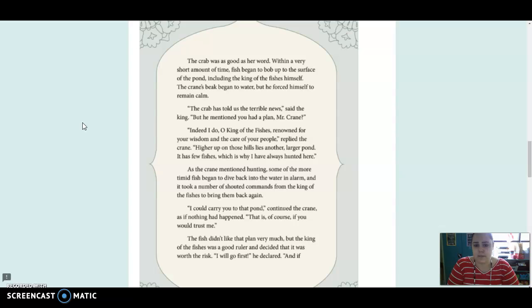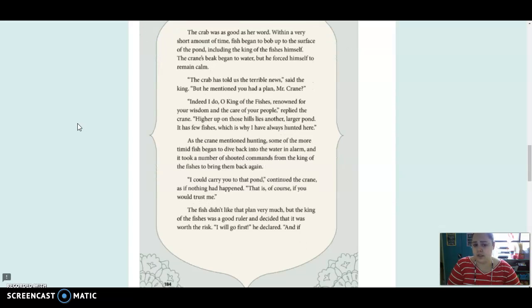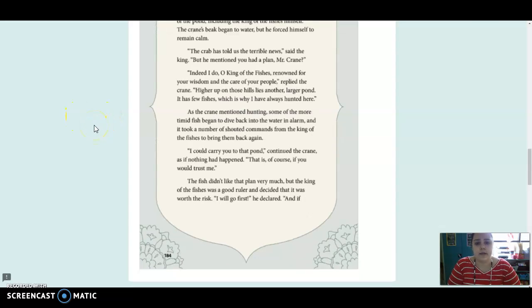The crane's beak began to water, but he forced himself to remain calm. "The crab has told us the terrible news," said the king, "but he mentioned you had a plan, Mr. Crane." "Indeed I do, O king of fishes, renowned for your wisdom and the care for your people," replied Crane. "Higher up on those hills lies another larger pond. It has few fishes, which is why I have always hunted there."